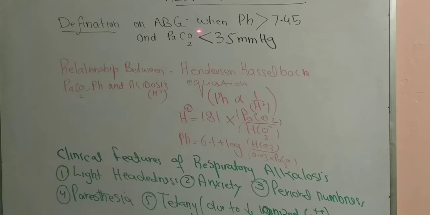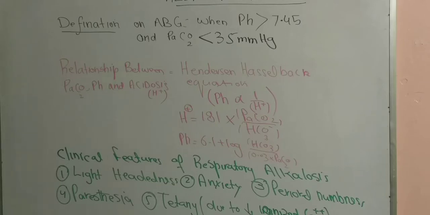Then you will have to turn your attention to the partial pressure of arterial carbon dioxide. If it is less than 35 millimeters of mercury, that means it is parallel with the pH, because when PaCO2 is less than 35, we call it respiratory alkalosis, and pH is already telling us that it is alkalosis. So these ABGs will be respiratory alkalosis.